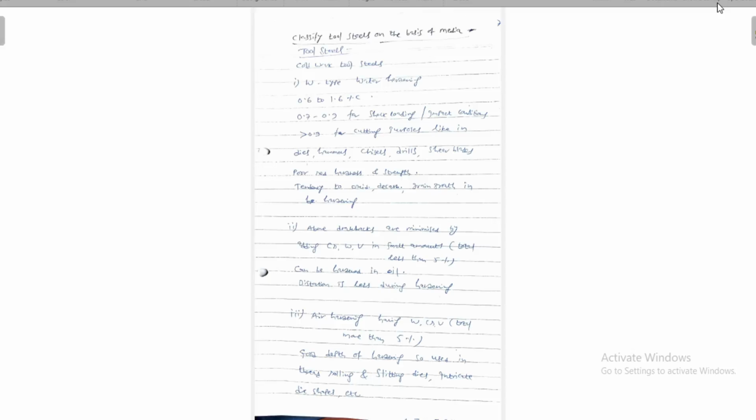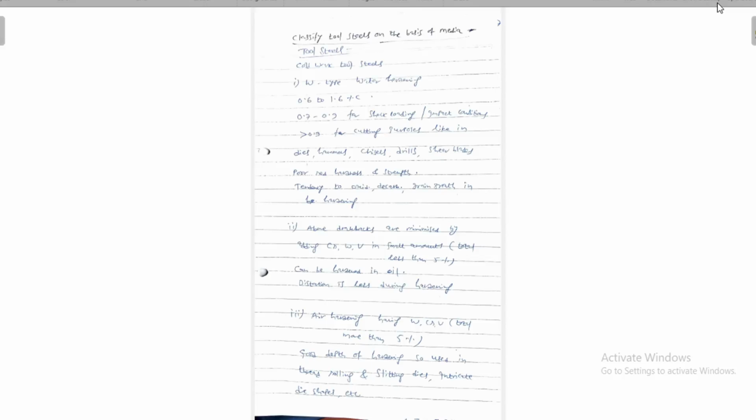During water quenching, we will also face another problem. It has poor hardenability. It means very rapid quenching will be required, and the higher the quenching rate required, the more is the temperature difference between surface and center, and the more the temperature difference between surface and center, the more is the intensity of the internal or thermal stresses developed within the tool.